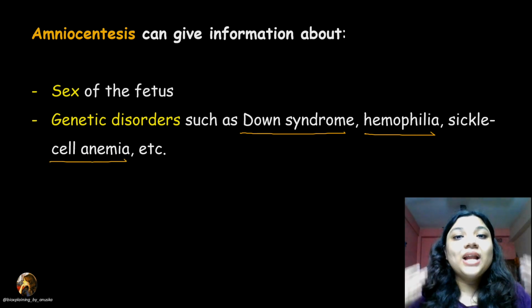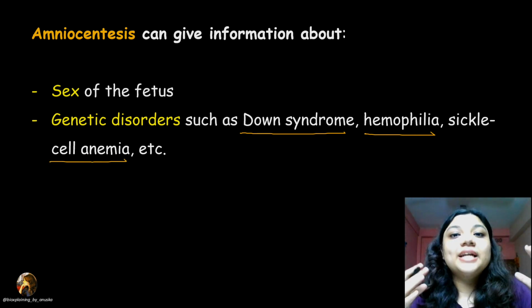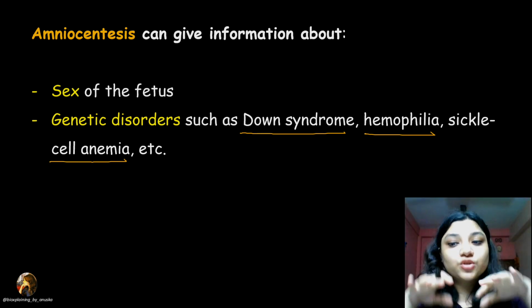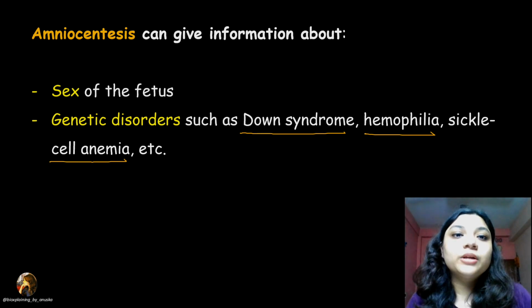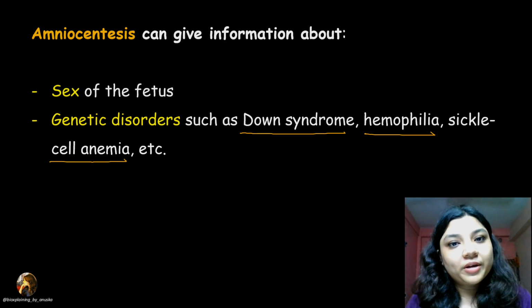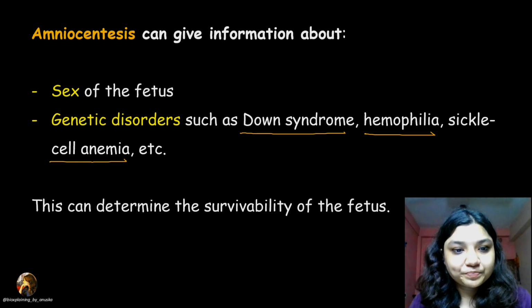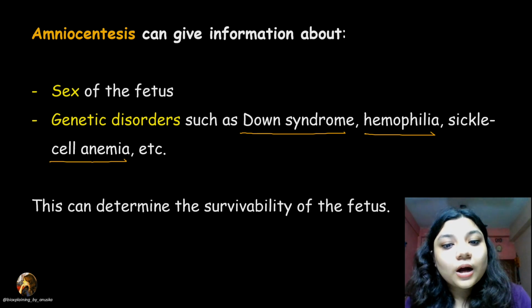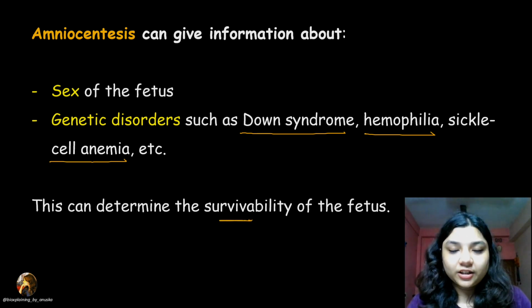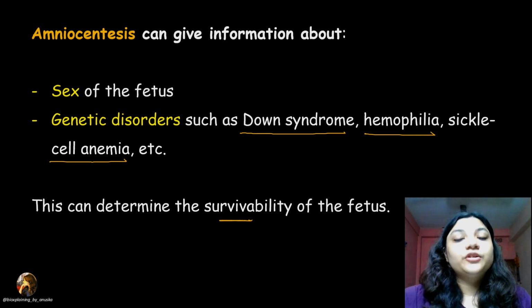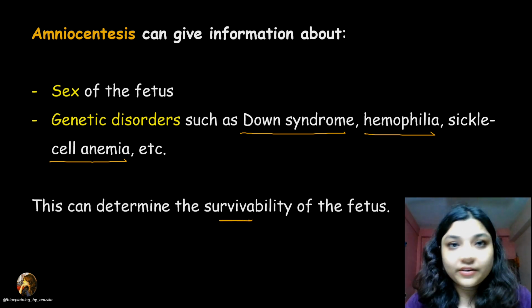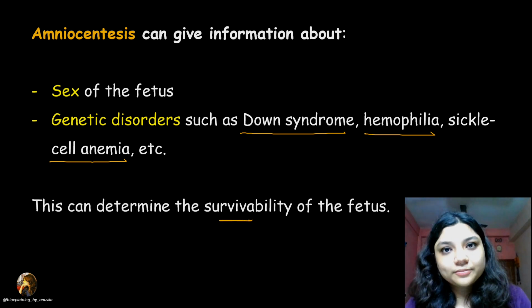These are all hereditary disorders, genetic disorders, passed on from parents, right? So amniocentesis can give information about all these also. And it can tell you about the survivability of the fetus, whether this pregnancy will be a successful one or not.